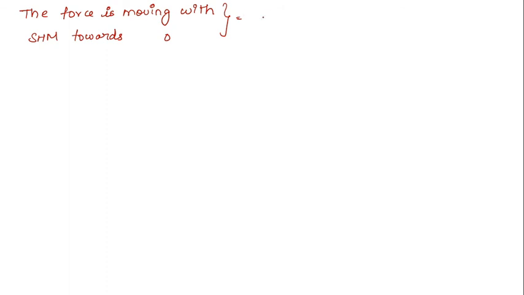They have given that the mass is moving with simple harmonic motion towards O, so it is equal to the acceleration at P. The acceleration of a mass moving with SHM is mu times PO.